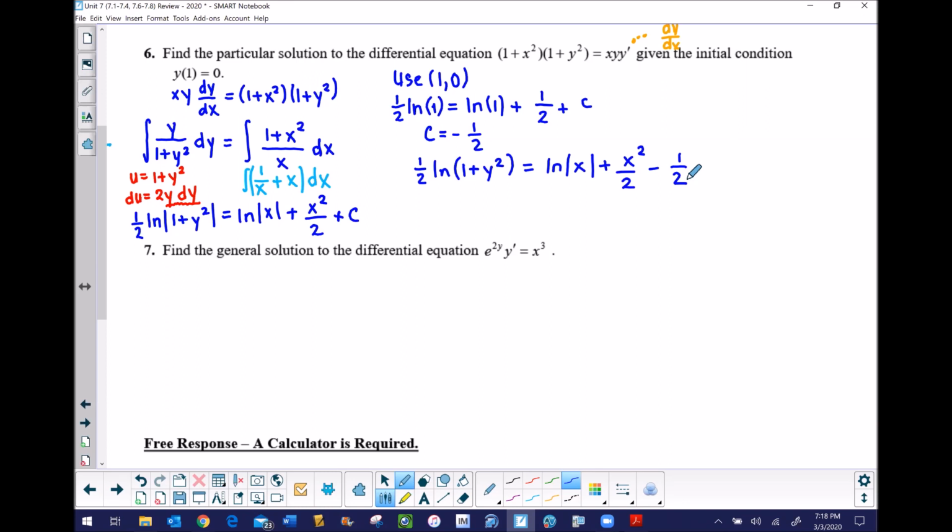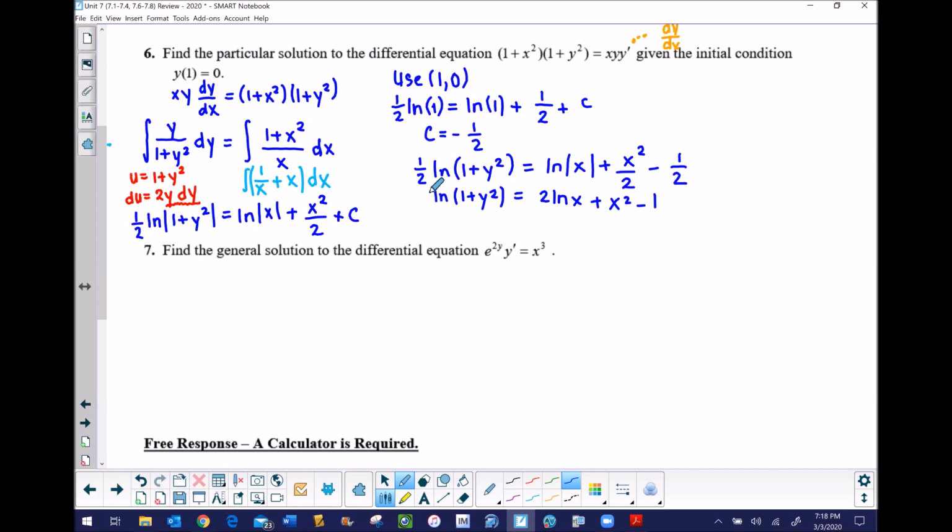And at this point, do we really want to solve for y? Well, if I multiply through by a 2, I can get the ball rolling. 2 times the natural log of x, plus x squared minus 1. And you'll notice that my solution key stops roughly right about here. In fact, my solution key doesn't even get rid of the 1/2.